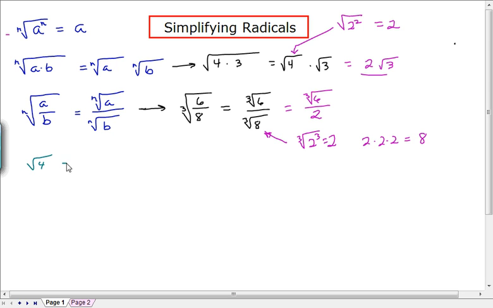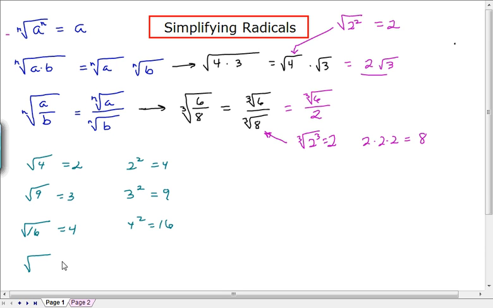The square root of 4 is 2, as we said, because 2 squared equals 4. And the square root of 9 is 3, because 3 squared is 9. And the square root of 16 is 4, because 4 squared is 16.